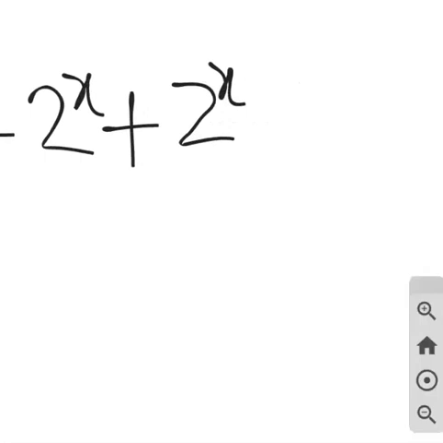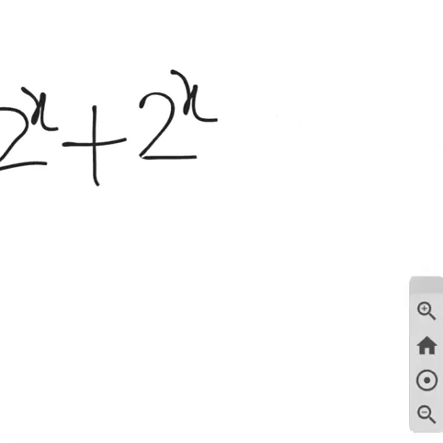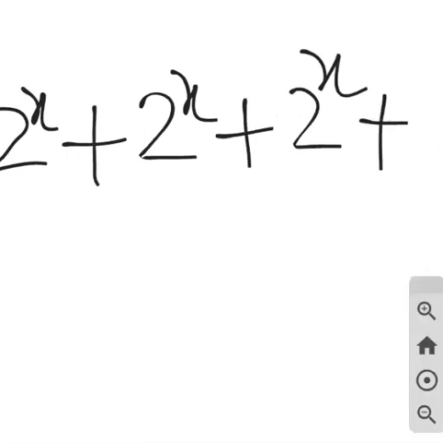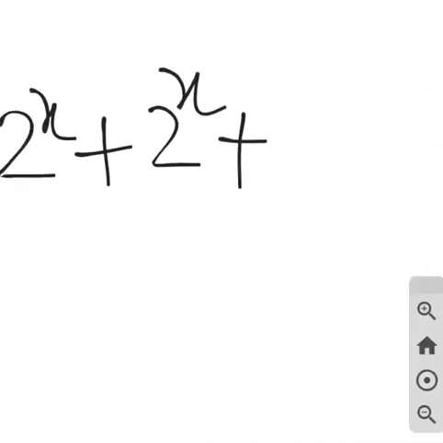This will be based on the exponent rules and properties. As we know, when you add this x number of times, like in this case when you're adding it 8 times, according to the exponent rule, 2 to the power x added y times will be y multiplied by 2 to the power x, because you've added it that many times.